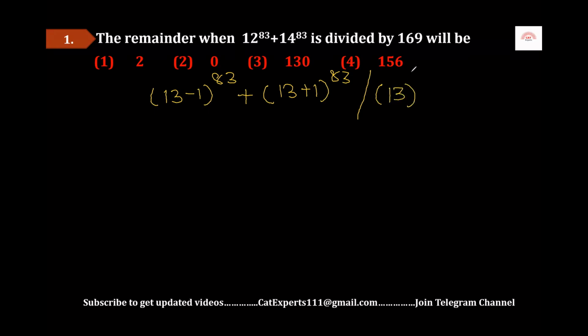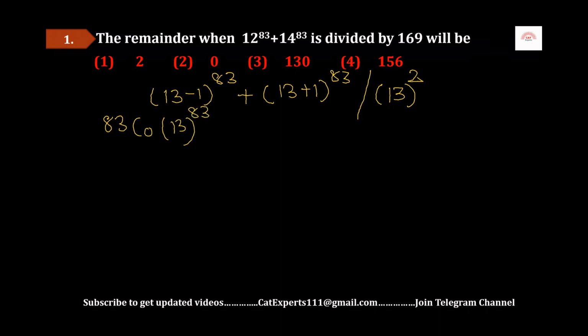Let me write that as 13 square. Now I will write some terms using binomial expansion. First term will become 83C0, 13 power 83, and 1 power something.